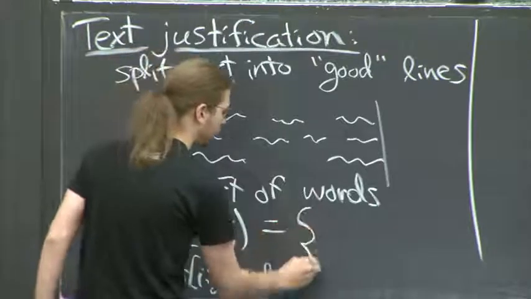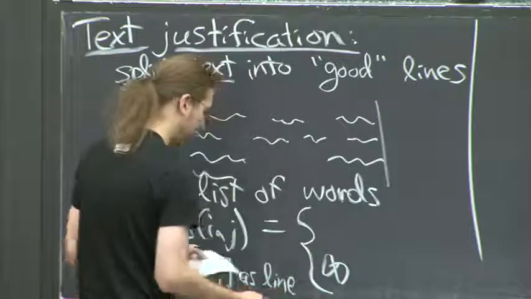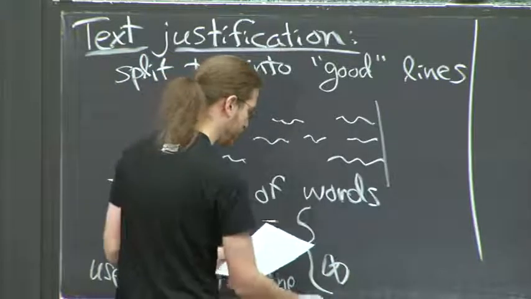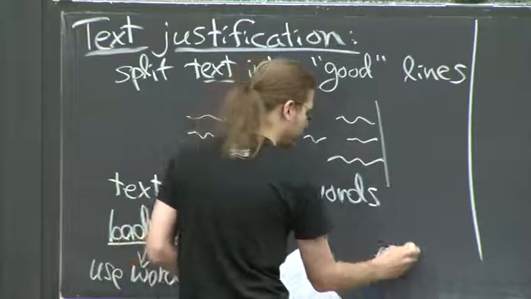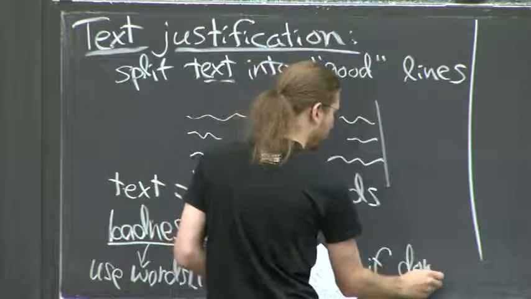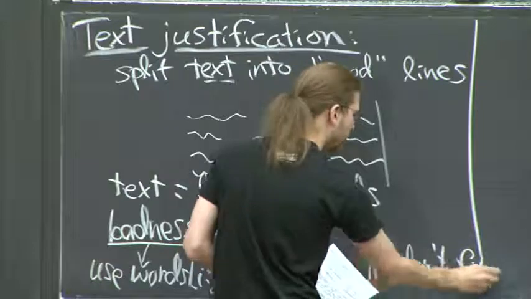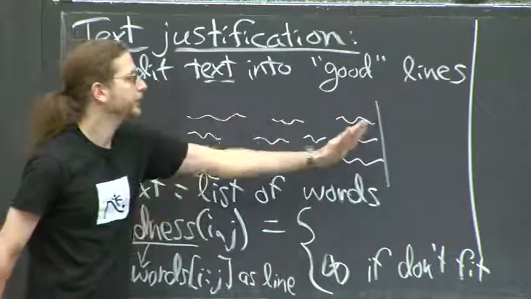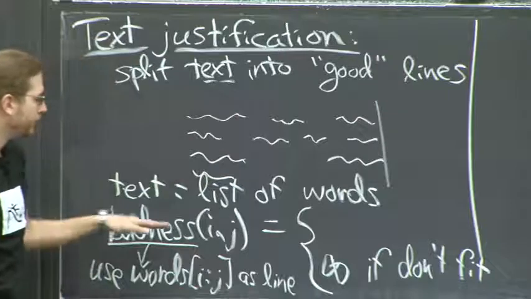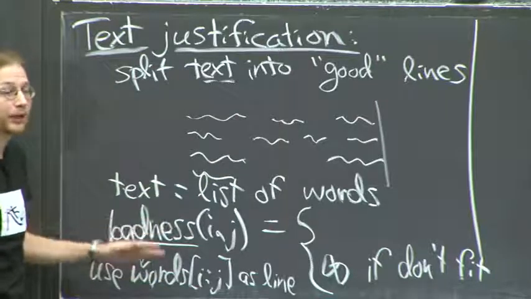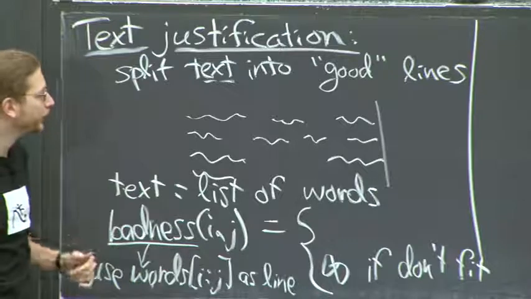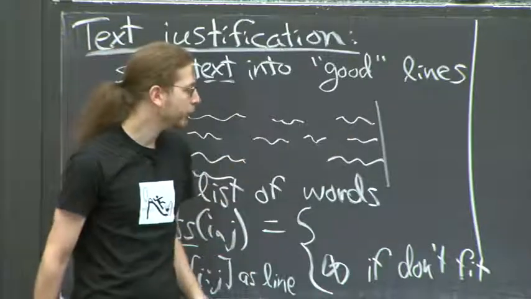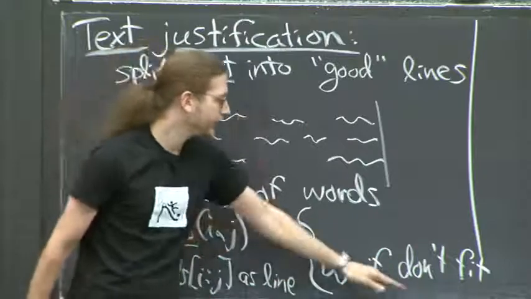OK, so there's going to be two cases. If they don't fit, I'm going to write infinity, because that's really bad. I have some notion of how wide my line can be. And if the sum of the lengths of those words plus the sum of the lengths of the spaces, as small as possible, is bigger than the width of my screen or page, then I say they don't fit.